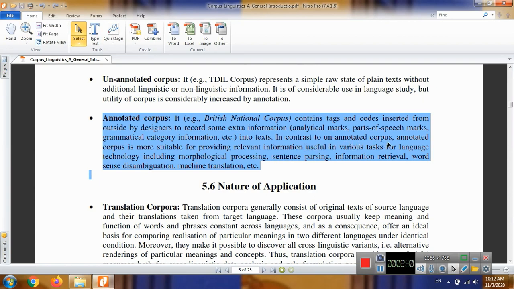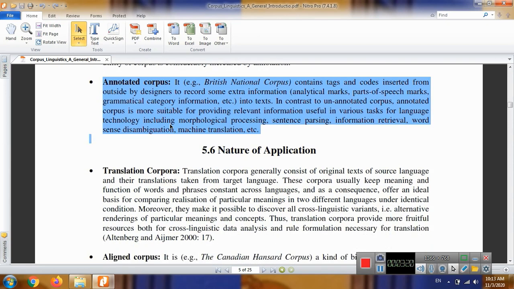In contrast to unannotated corpus, annotated corpus is more suitable for providing relevant information useful in various tasks for language technology, including morphological processing, sentence parsing, information retrieval, word sense disambiguation, matching translation, and so on. When we annotate our corpus, it becomes very useful and we can use its information. You should know the unannotated corpus and annotated corpus and their differences.